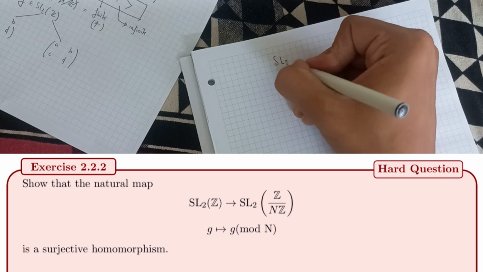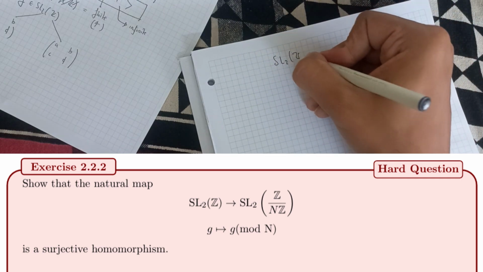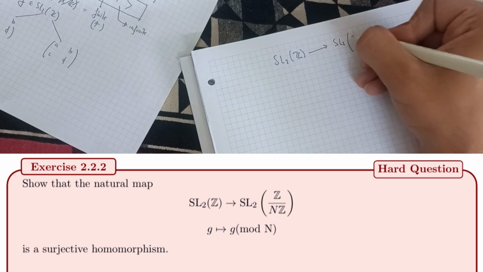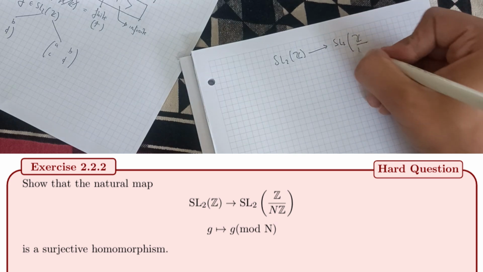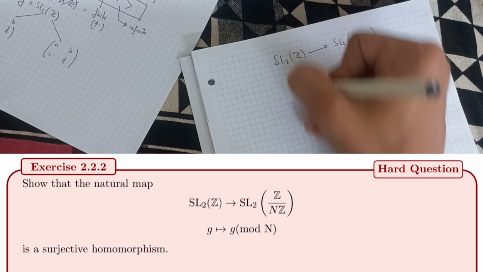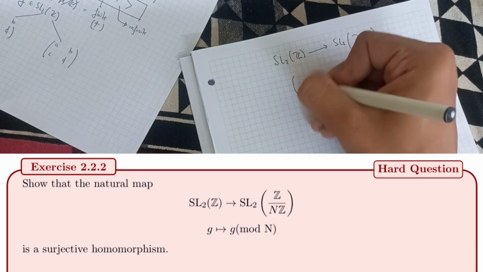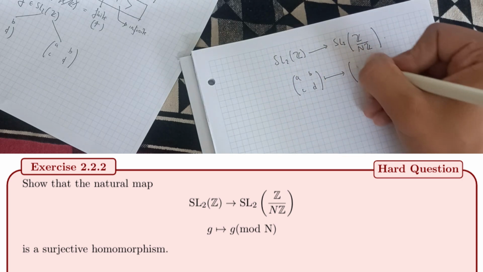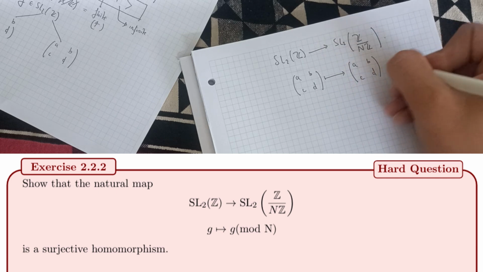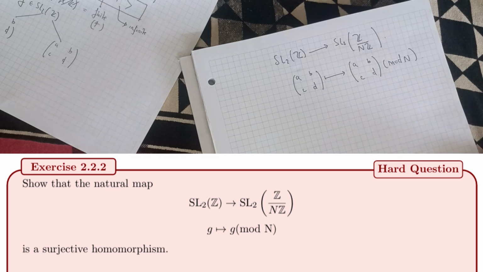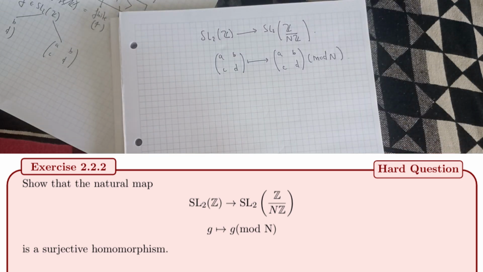We are constructing a surjective homomorphism from the full modular group SL2Z to SL2 of Z mod nZ, where the elements as matrices A, B, C, D map to A, B, C, D mod N. That's how the map is defined here.